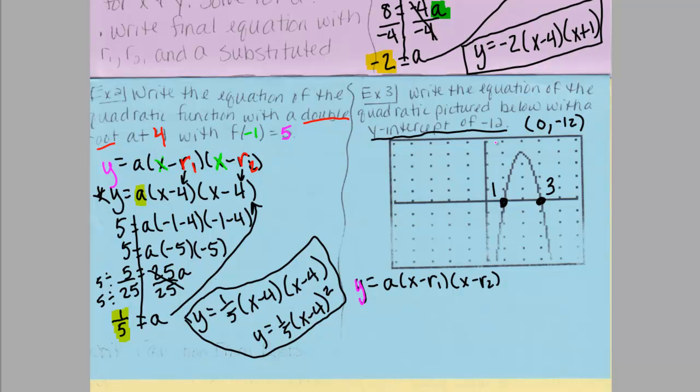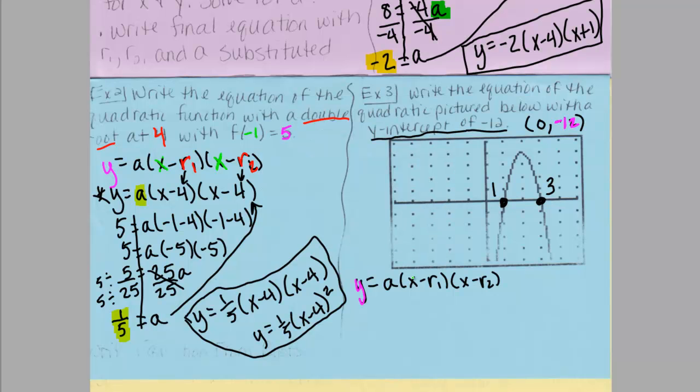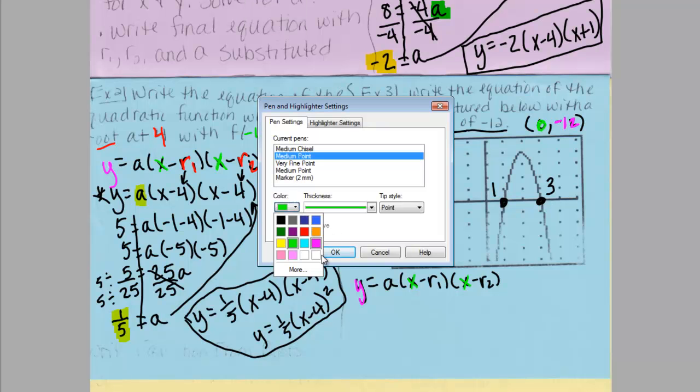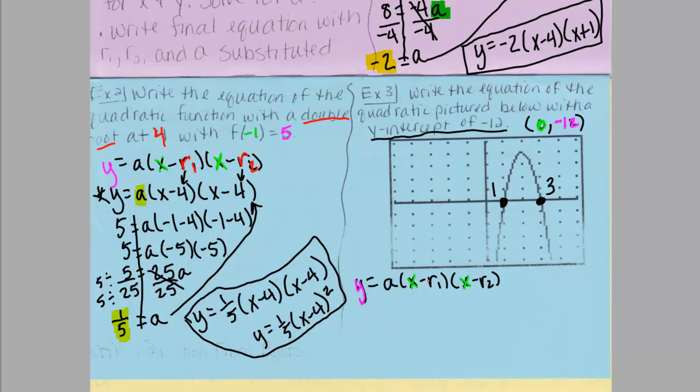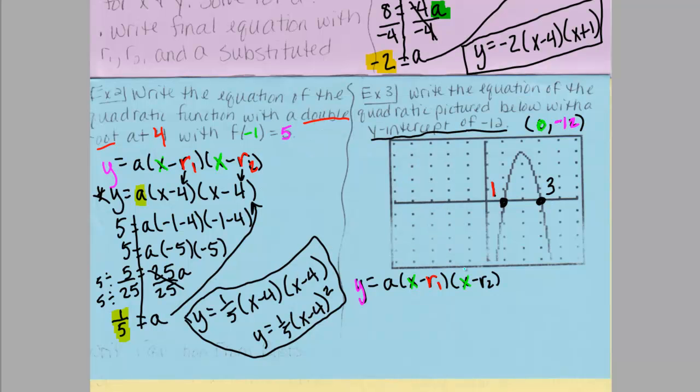So instead of our y, we will put -12, instead of our x's, we're going to end up putting 0. And then we will replace our two roots. Our root 1 will be 1. Our root 2 will be 3.